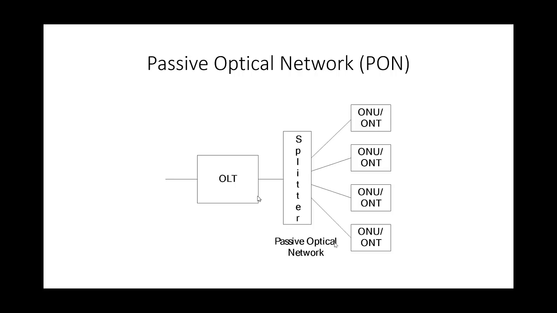A single fibre from the OLT passes through a splitter. This is an unpowered device, hence the term passive, which simply splits an optical signal and sends it to a number of downstream optical network units, or ONUs, at customer sites.